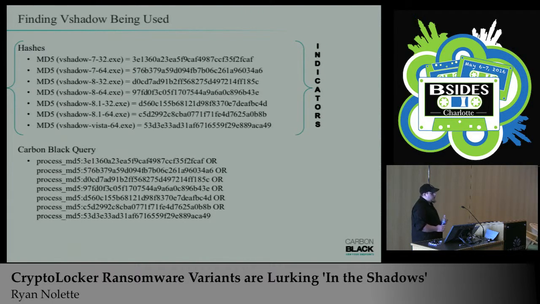In particular, what I'm looking for is illegitimate use of the Microsoft binary, and this binary that we're talking about is the VShadow binary. There's a 32-bit and a 64-bit version for each OS and minor OS revision. So this is not a complete list. This is just the ones I pulled off MSDN a little while back.